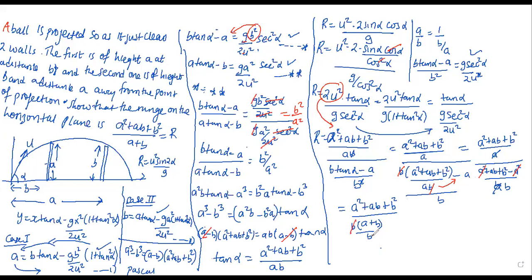This b vanishes with this b, and finally our equation of the range has showed up, which is a squared plus ab plus b squared divided by a plus b. And here we go, hence the proof.